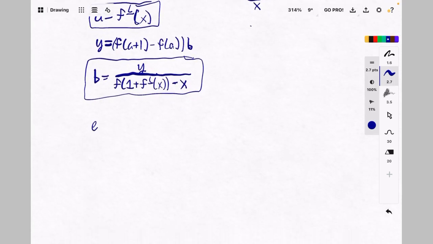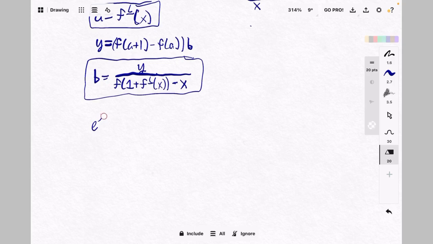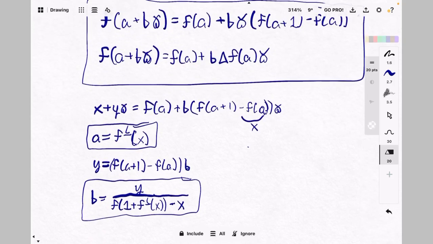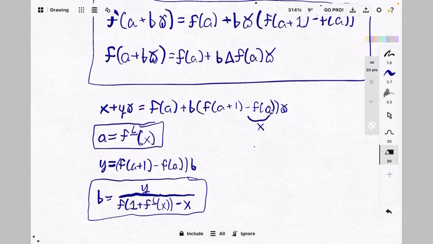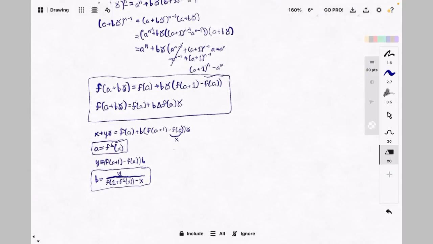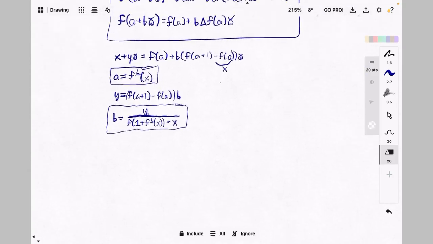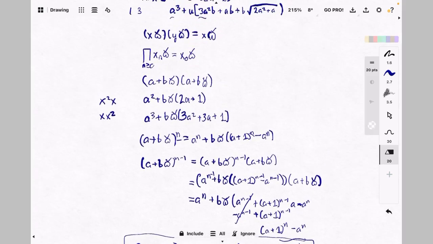Like, are we using e to the x as itself, or are we using it as the inverse of the logarithm, for example? So this system, as a summary, is very interesting.